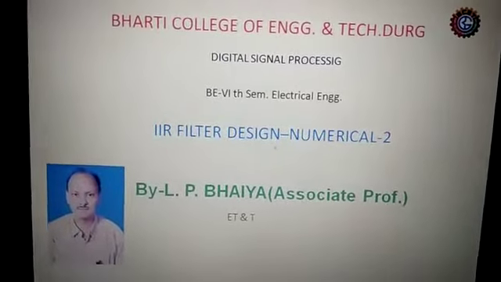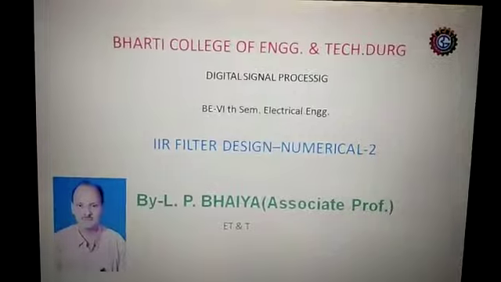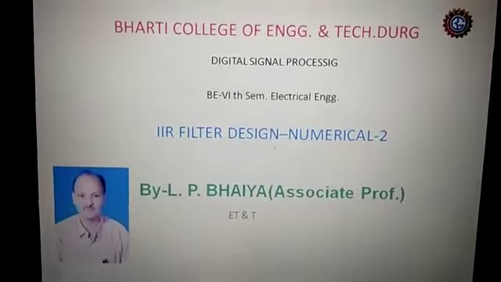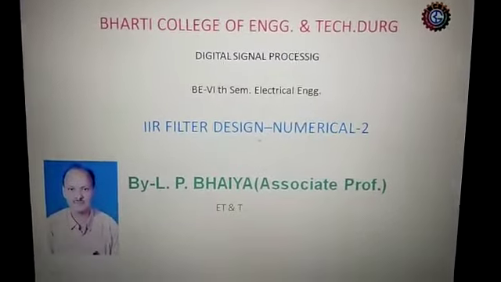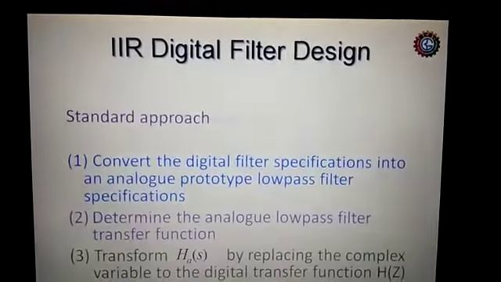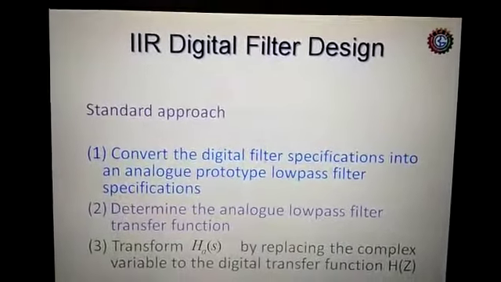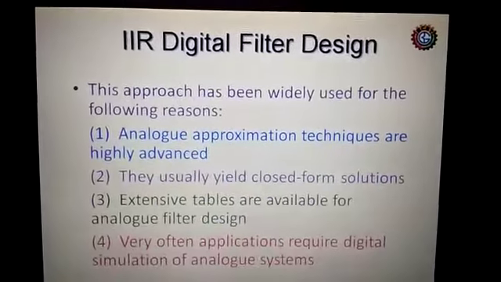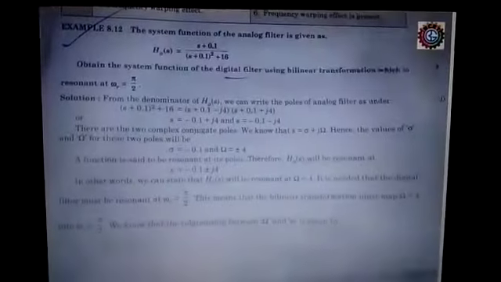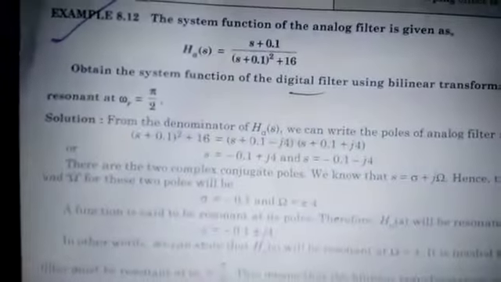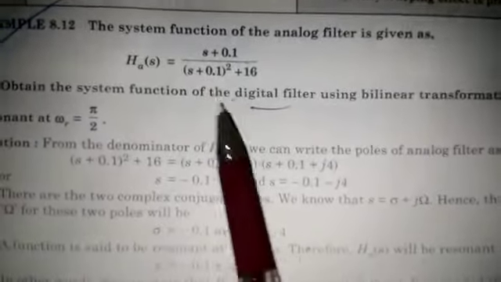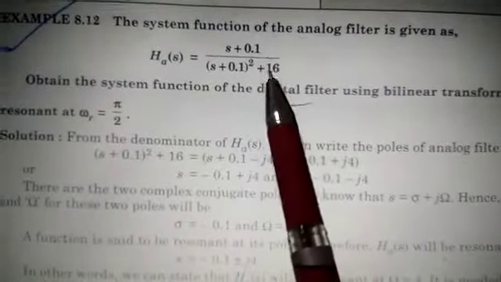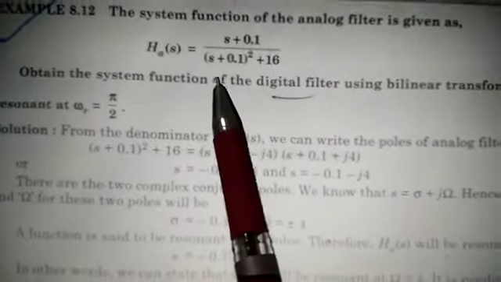Dear friends, this is my second video on IIR filter design numerical. Last time we have seen the numerical on the IIR filter design, the analog filter design problem with HA of S equal to (S plus 0.1) upon (S plus 0.1) whole square plus 16.